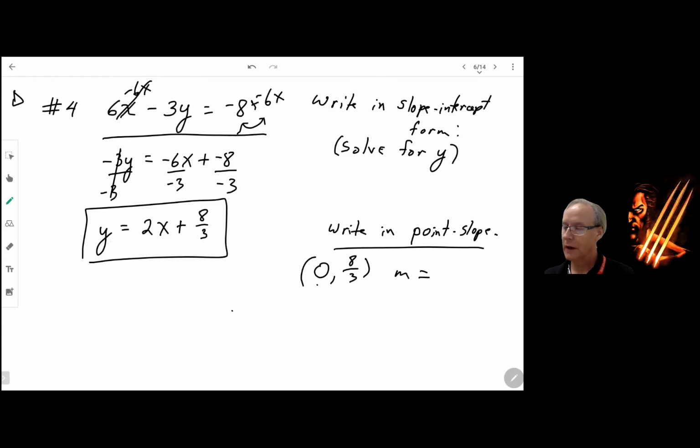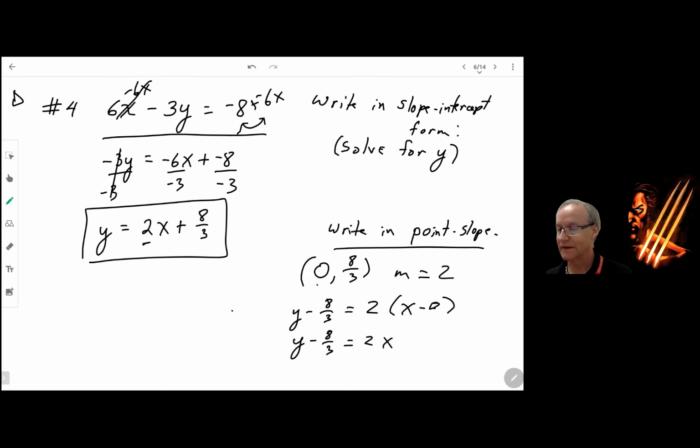And the slope, I know, is 2, because there it is right there. And so I can write it in point slope form, which would be y minus 8/3 is equal to 2 times x minus 0, which is just 2x, which isn't very interesting because we can see that if I just subtracted 8/3, I would get the exact same thing. So anyway, that one wasn't really a good question anyway.